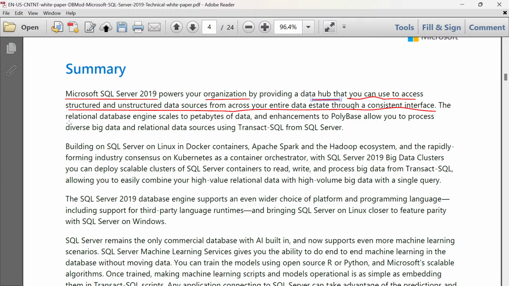Now, the relational database engine scales to petabytes of data, and enhancements to PolyBase allow you to process diverse data and relational data sources using T-SQL from SQL Server. Now here we have a term called Transact-SQL. Now what is Transact-SQL? Later on we will come to know in detail about this Transact-SQL statement.